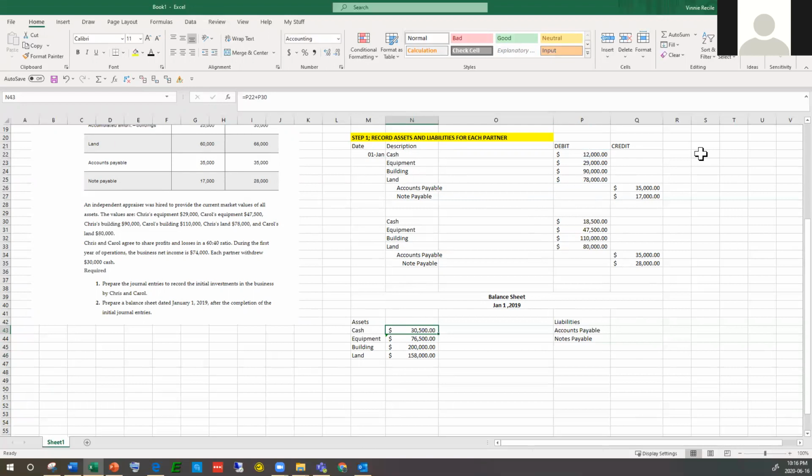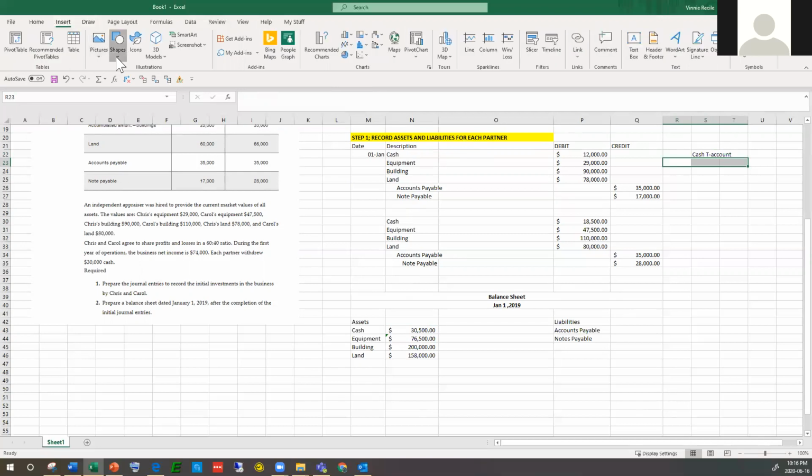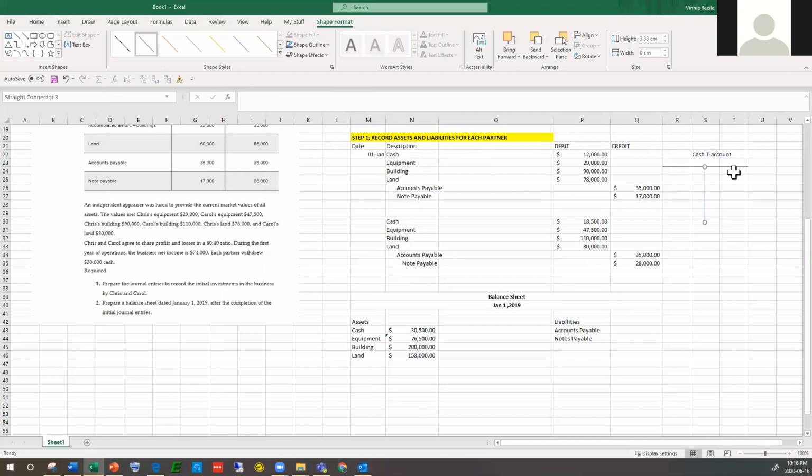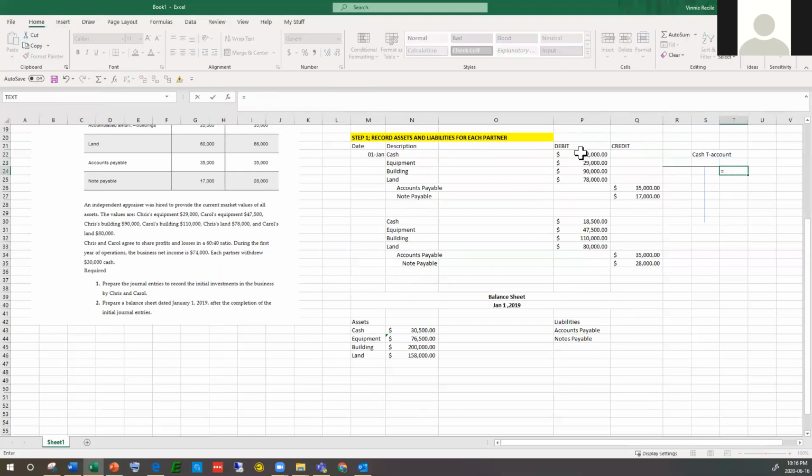As an example, let's just take a look here at what cash would look like as a T account. If we had a T account, we would have this line here. I'm just going to drop in a line here so we can take a look. We would have this line here as a T account. And so we would have a balance of $12,000 that's been entered in, oops, wrong side. We want it on this side over here on the debit side.